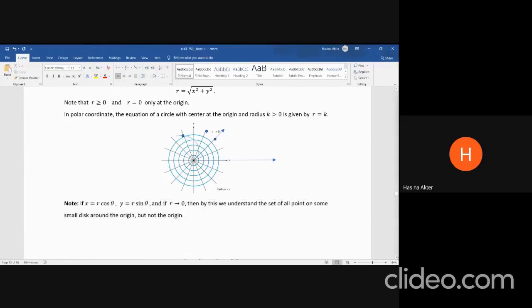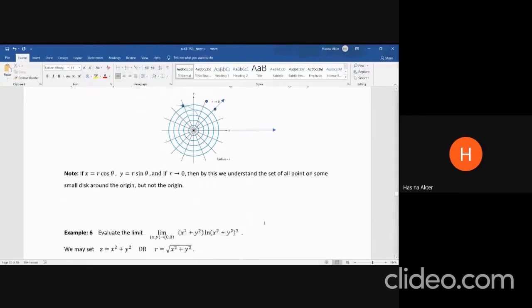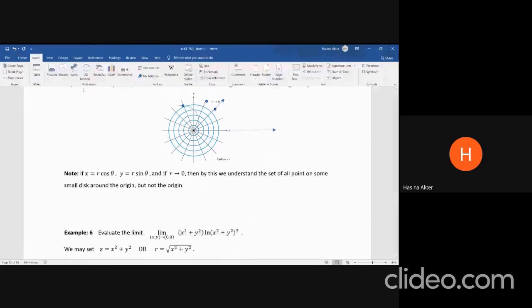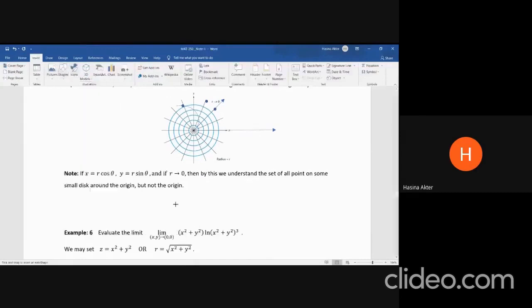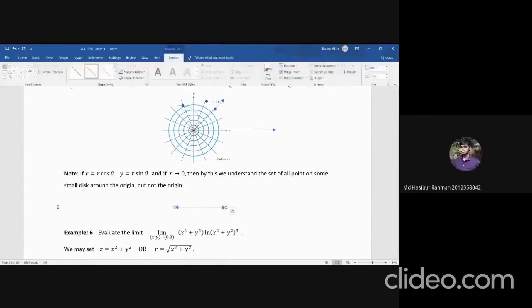For example, let's say that I'm going to prepare the XY plane with two axes, the X and Y axes. Class, can you hear me loud and clear? Yes, ma'am. Okay, let's say that this is our X and Y axis. I'll make it small.